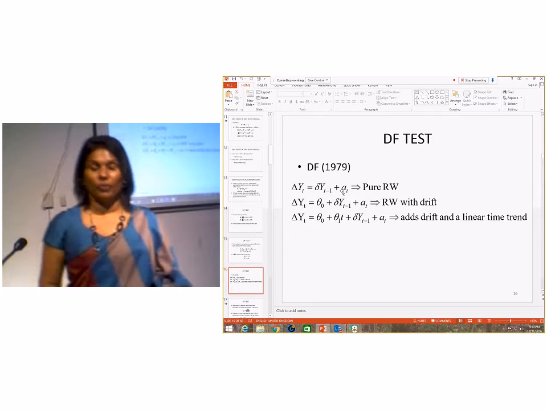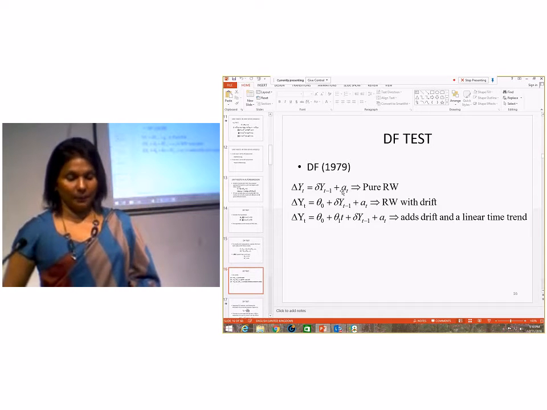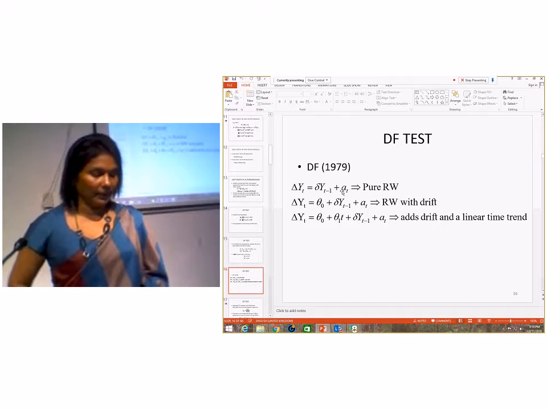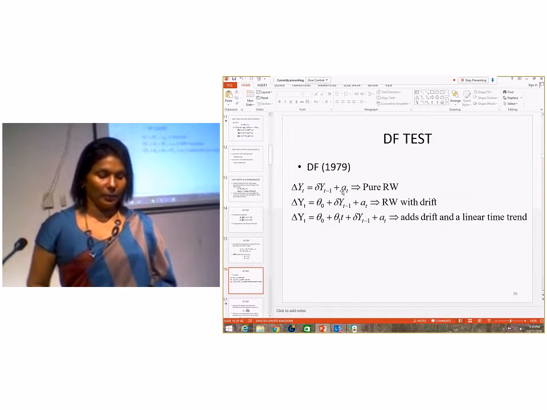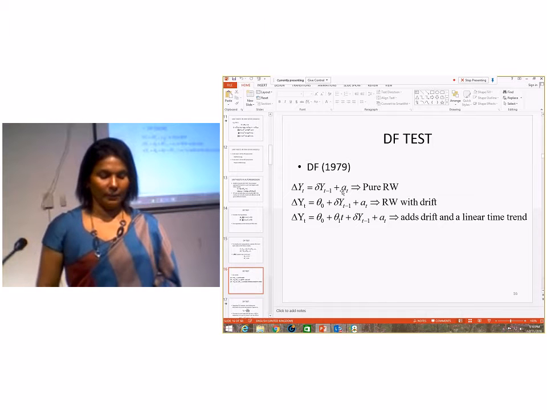The number of augmented lags is determined by minimizing the Schwarz-Bayesian information criterion and Akaike information criterion.